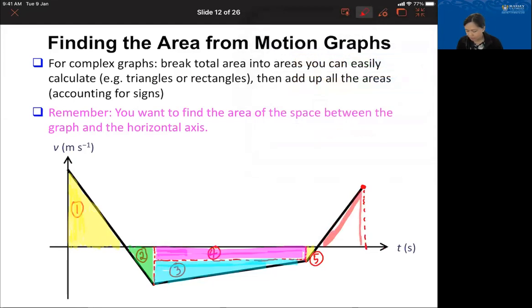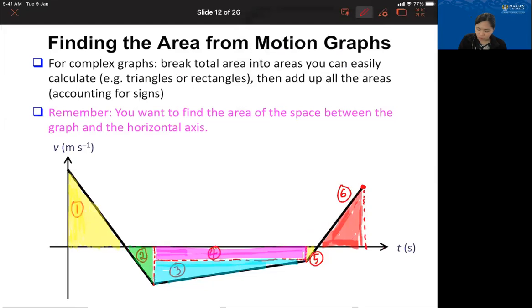So this will be the final area that you have to figure out. Okay. So that's area 6. So yeah, you have to then calculate the areas of each of these geometrical shapes.